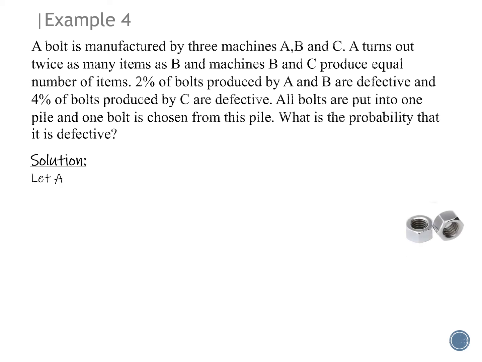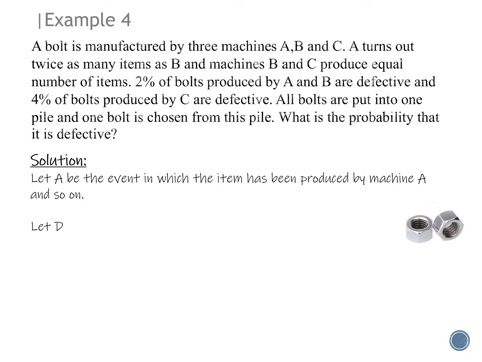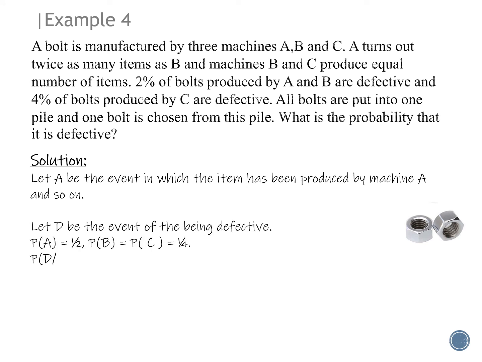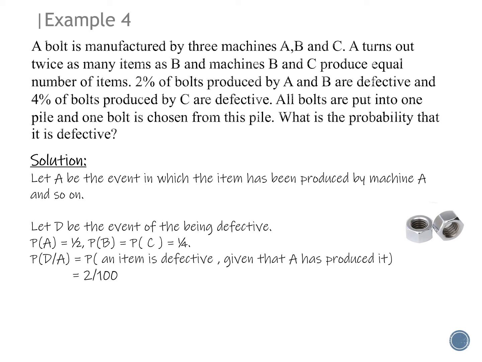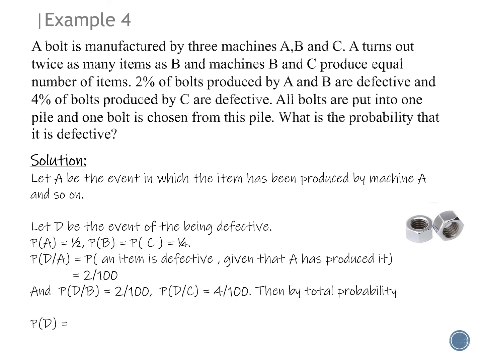Solution. Let A be the event in which the item has been produced by machine A, B be the event in which the item has been produced by machine B, C be the event in which the item has been produced by machine C, and let D be the event of being defective.